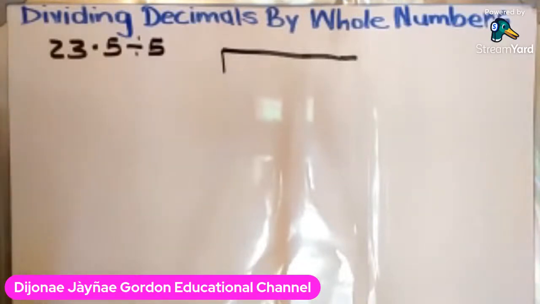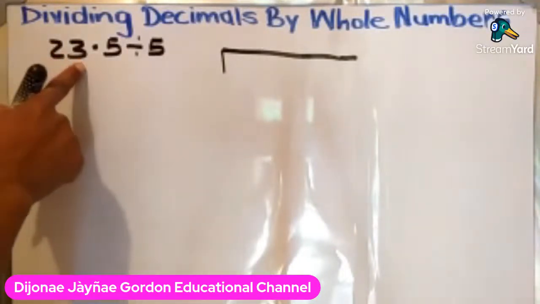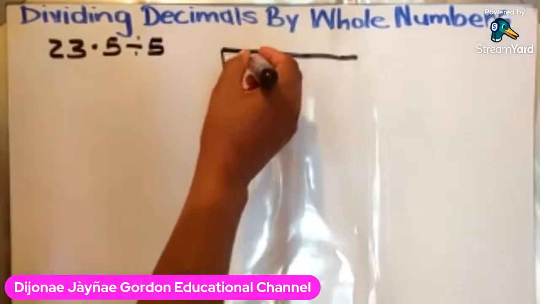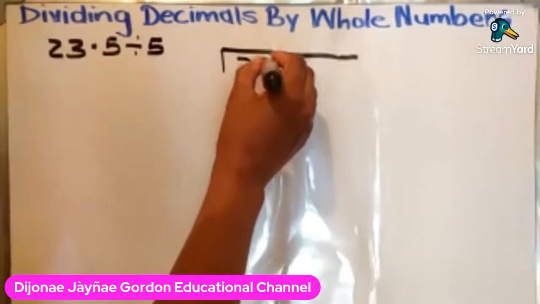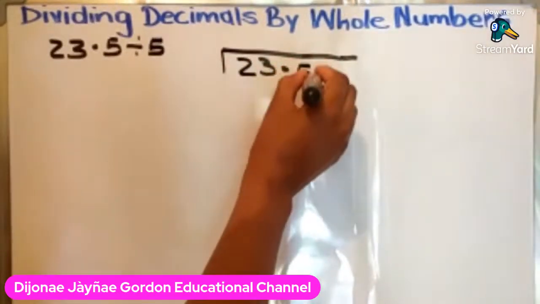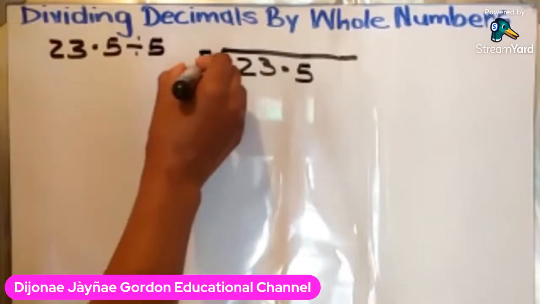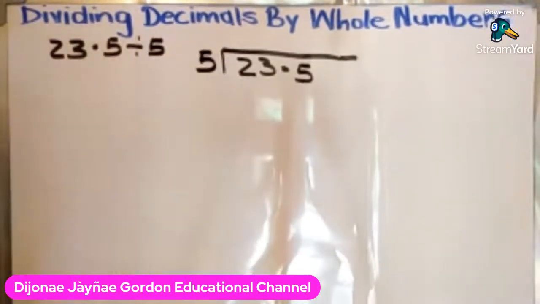In this problem, 23.5 is known as your dividend. This is where you put your dividend. And 5 is known as your divisor. That's where you put your divisor.